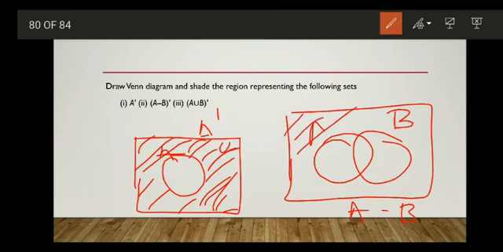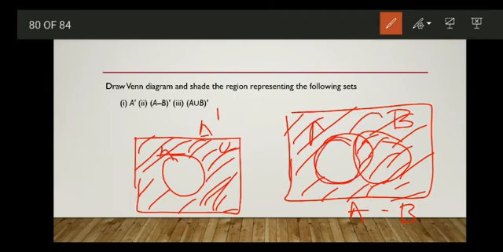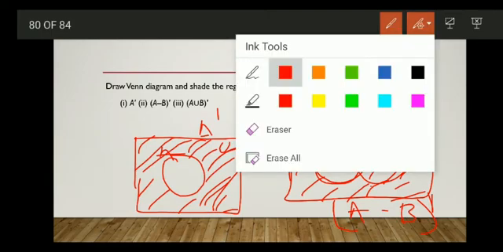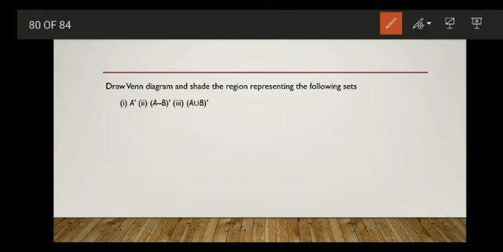So, we have to shade the other region other than A difference B. Okay, only that portion of A difference B is left empty. So this will be A difference B, the whole complement. Fine.